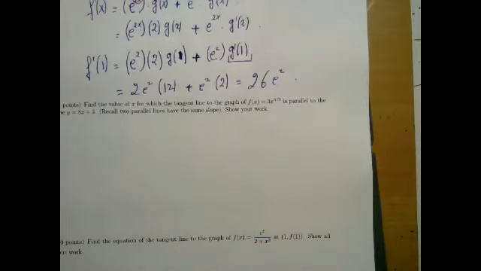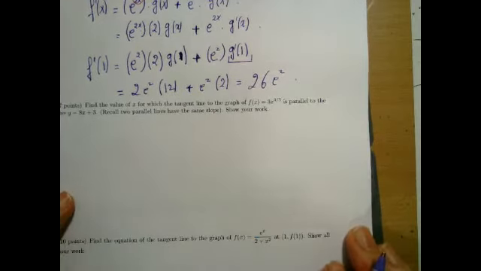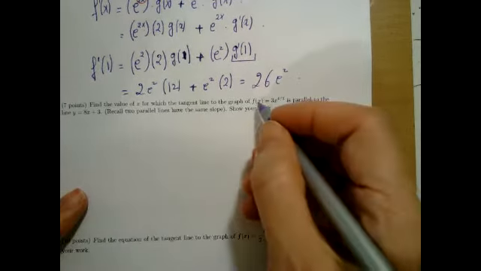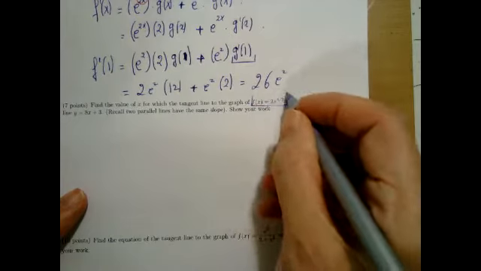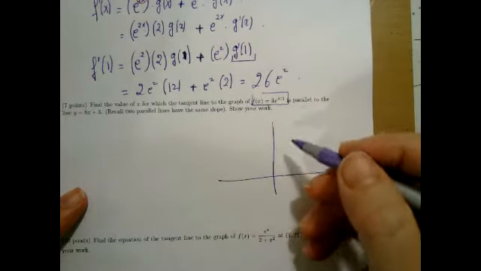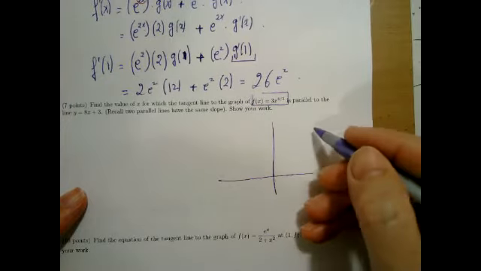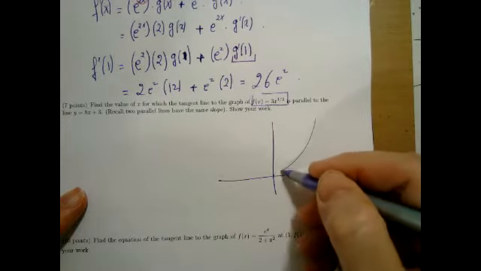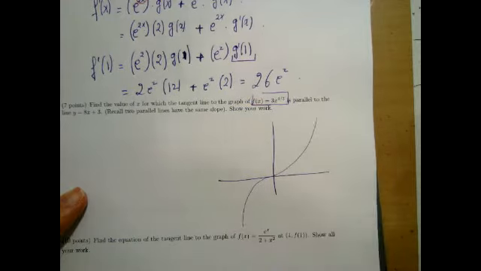All right, now here is problem number 6. So find the value of x for which the tangent line to the graph, so that's a function. Actually, if we graph it, we're going to get x to the power 4/3. So it's going to look like something like that. Okay, that's the function.